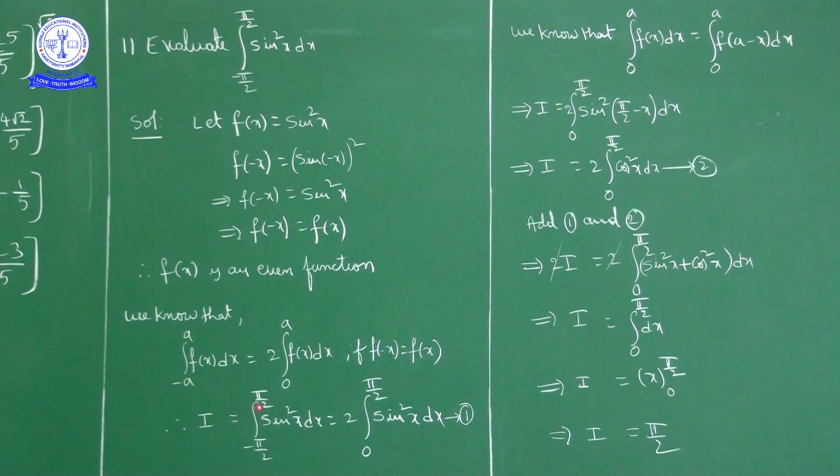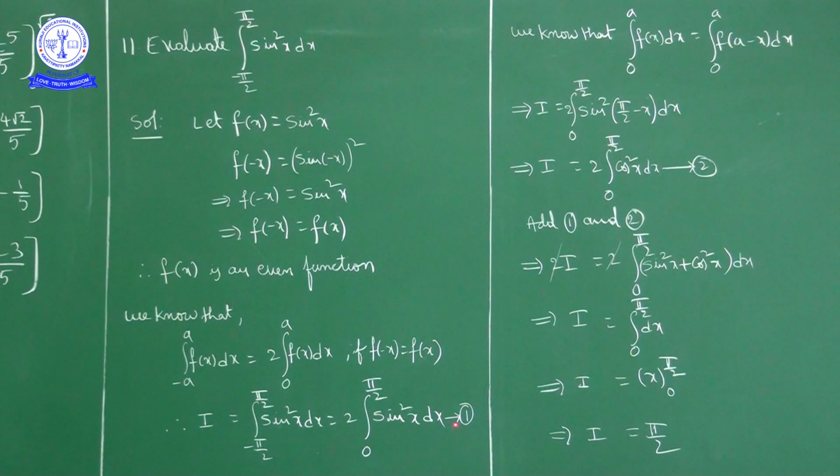So this integral minus pi by 2 to pi by 2 sin square x dx, instead of calculating from minus pi by 2 to plus pi by 2, we can calculate from 0 to pi by 2 and multiply with 2. So I is equal to 2 times integral 0 to pi by 2 sin square x dx.